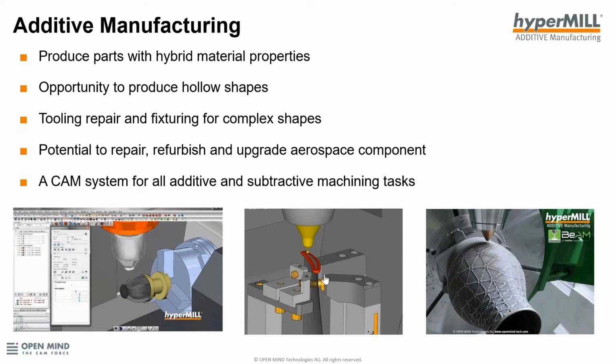And for both these methods, there are various strategies that are available. And of course, a complete collision check is carried out for all the components that are involved in this. We offer hybrid manufacturing, which is a combination of additive and subtractive manufacturing.